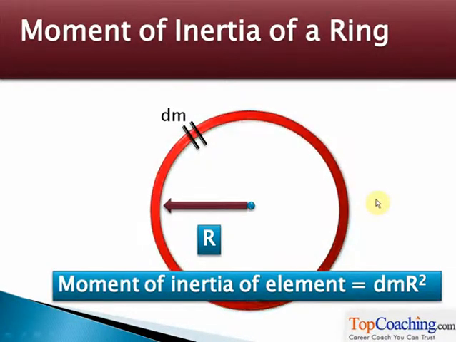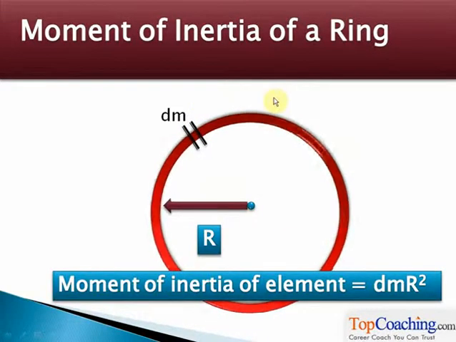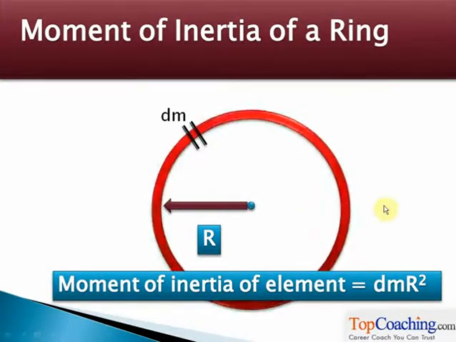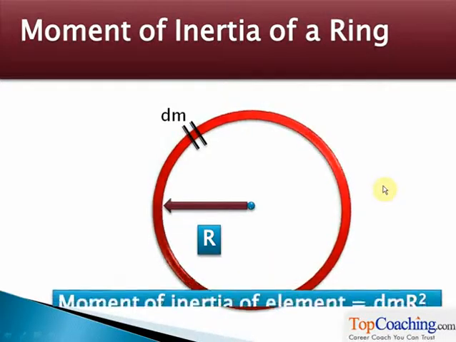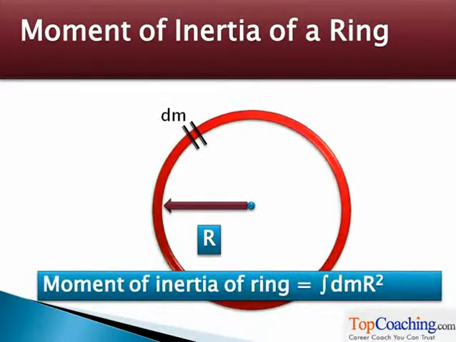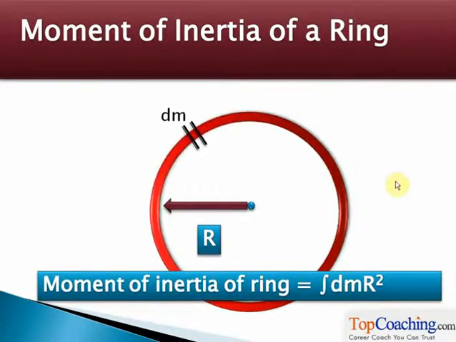The moment of inertia of the element is clearly dm into r square, where r is the radius of the ring. This is because the distance of the element from the center of the ring is r, and the moment of inertia of a particle that is at a distance r from the axis is m into r square. So the moment of inertia of the ring is clearly integral dm into r square. Now r is constant, and integral dm basically represents the total mass of the ring, isn't it?